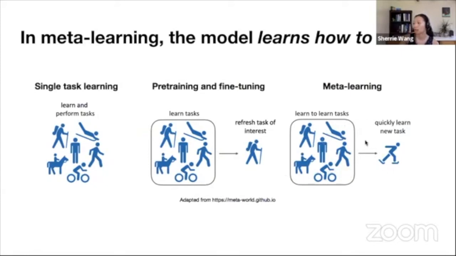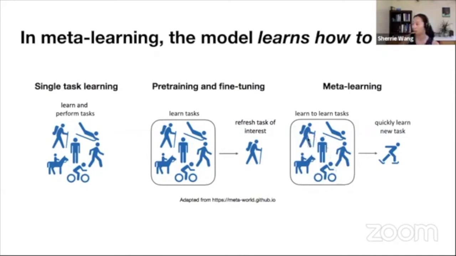Under meta-learning, instead of treating the regions or the tasks as totally separate or just grouping them together, you ask the model to observe data from each of these tasks and then learn how to learn each task.